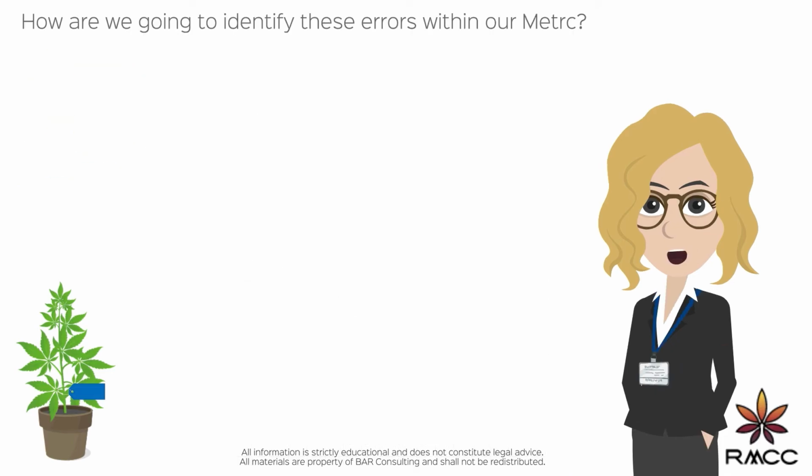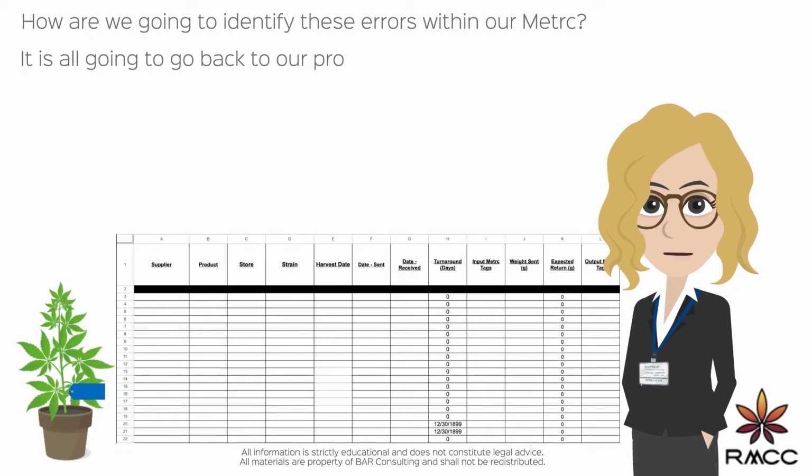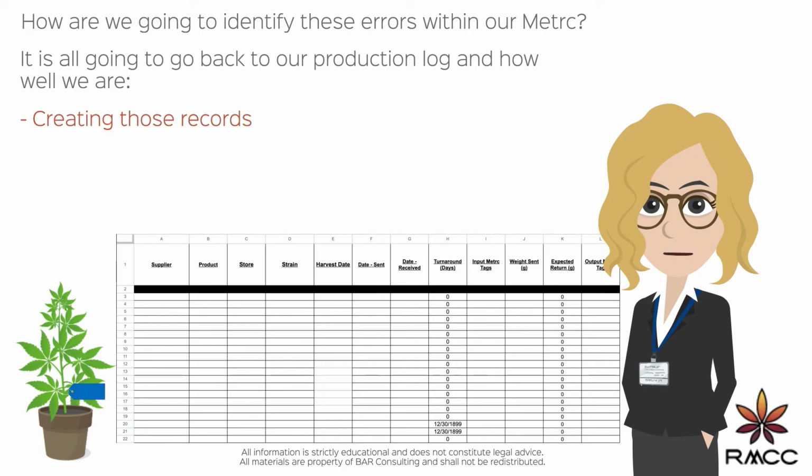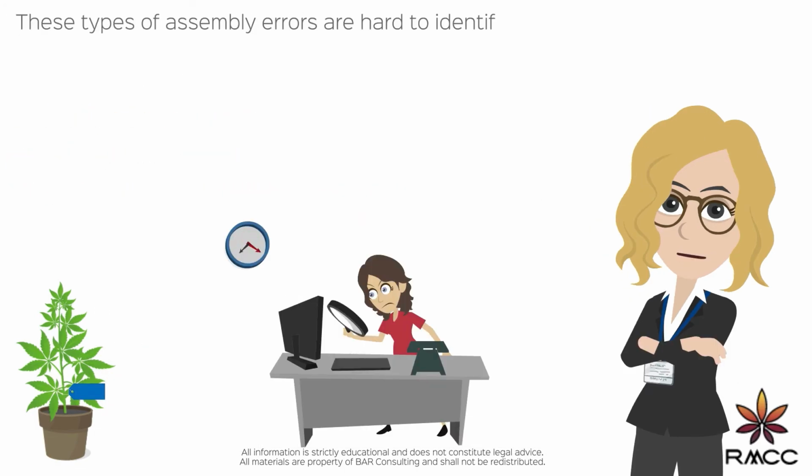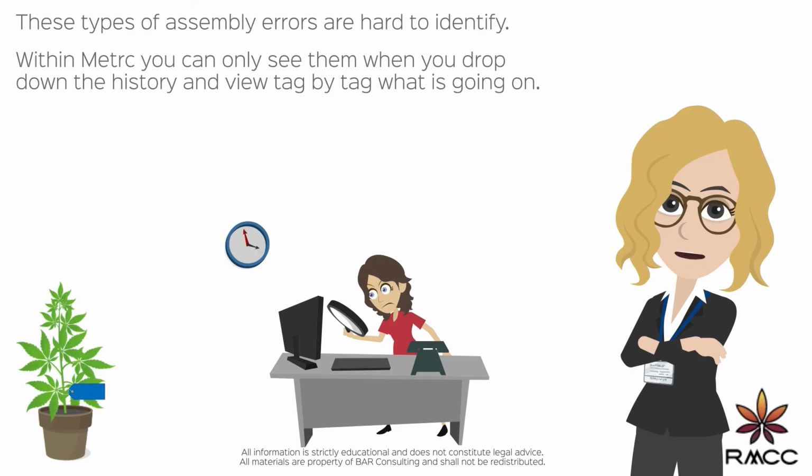Now, how are you going to identify these errors within your metric? It's all going to go back to your production log and how well you're creating those records and auditing those records and validating that against your metric records. These type of assembly errors are very hard to identify. Within metric, you can really only see it when you drop down the history of the tag and go down the rabbit hole and go tag by tag.